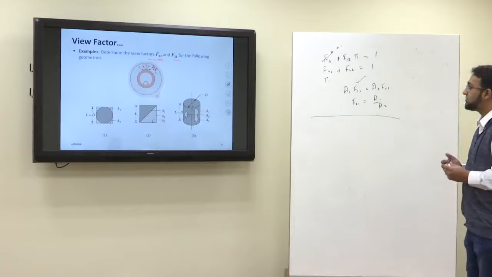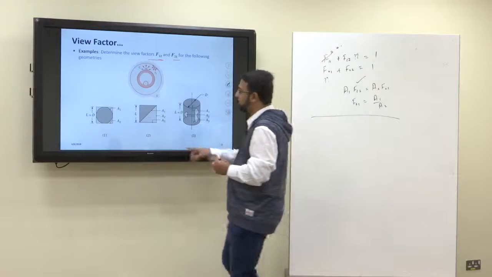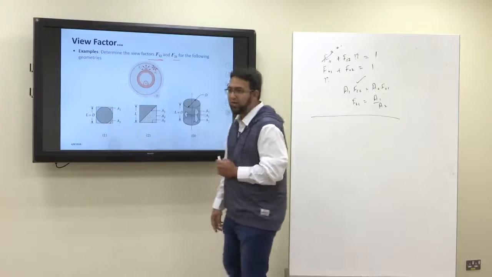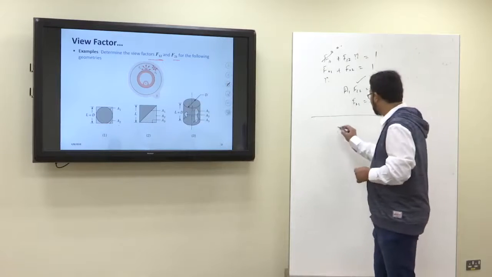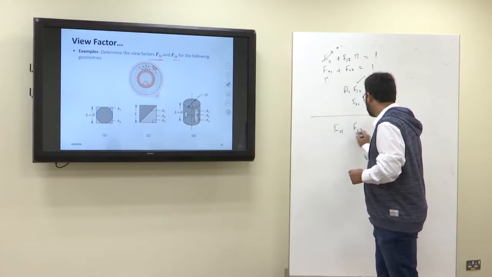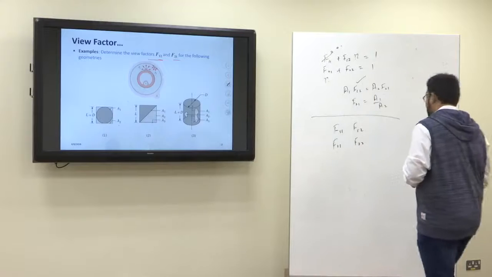Right? So now again I have two surfaces. One surface is the sphere, the other surface is the cube. And I need to find out what the view factors are. So F11, F12, F21, F22.